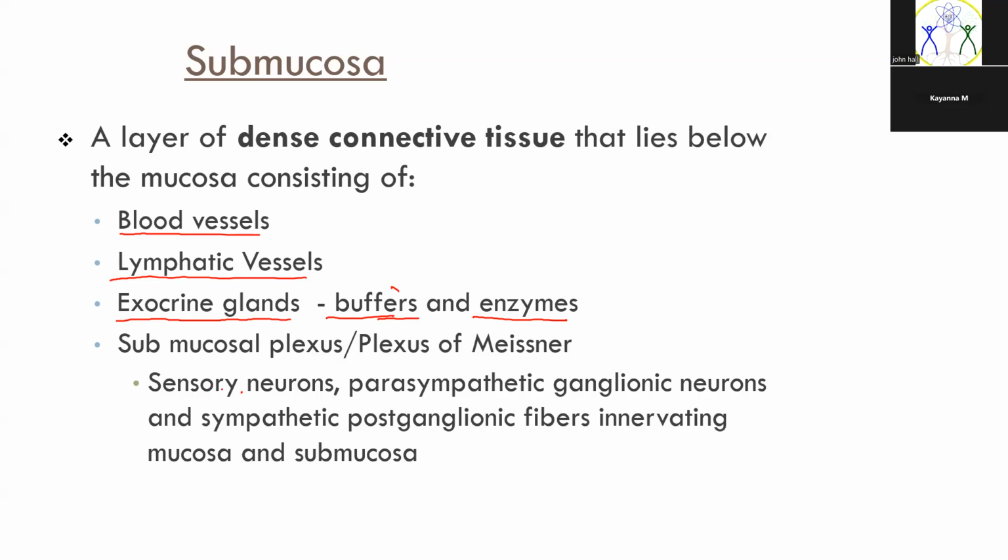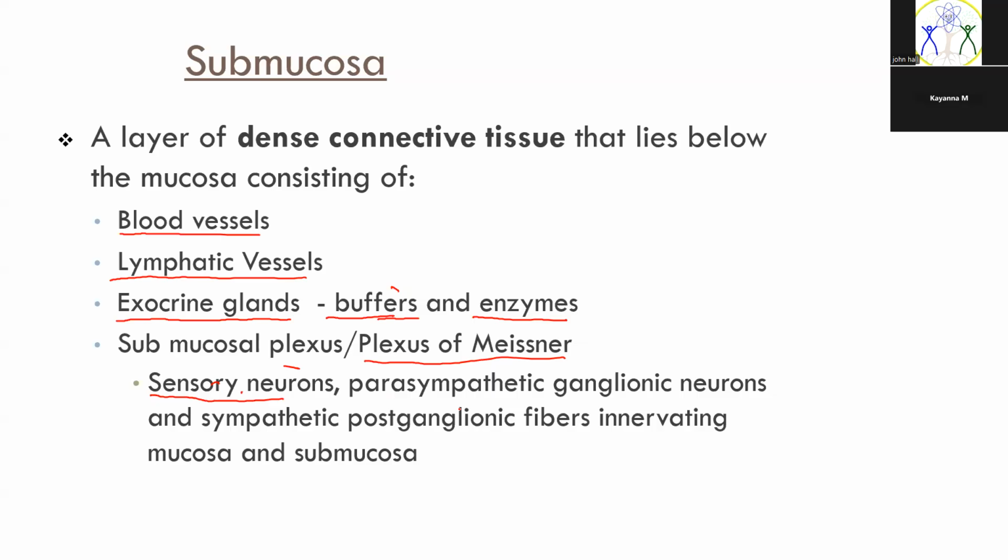Now, the submucosal plexus, as we mentioned, also known as the Meissner's plexus, is going to contain sensory neurons as well as parasympathetic ganglia and sympathetic ganglia. Now, remember, please, in the digestive system, and you would have done this in A&P 1 again. See why you have to do A&P 1 first? The parasympathetic nervous system increases the activity of the digestive system.